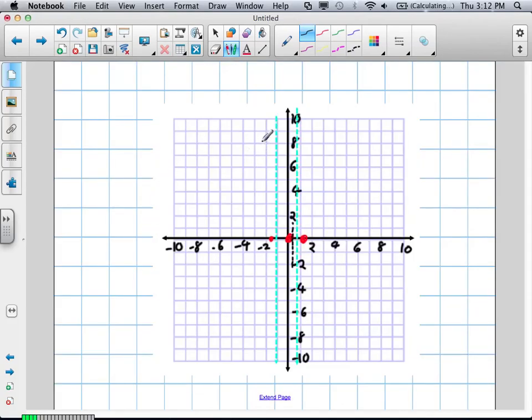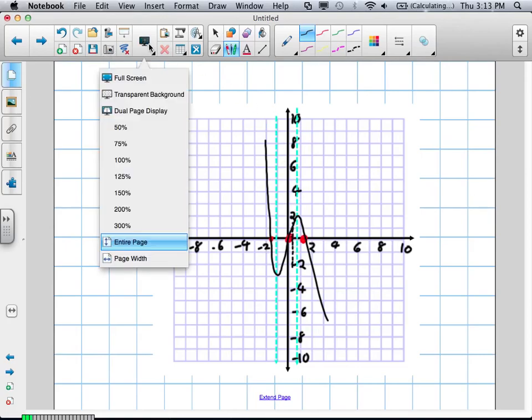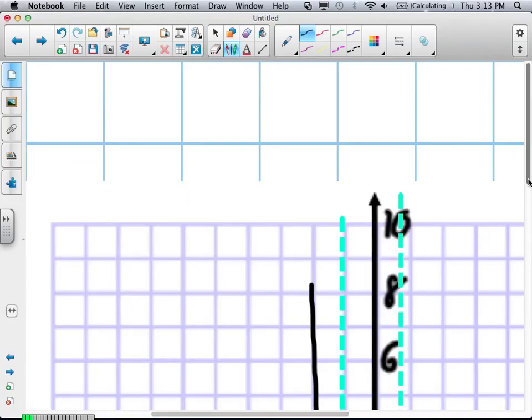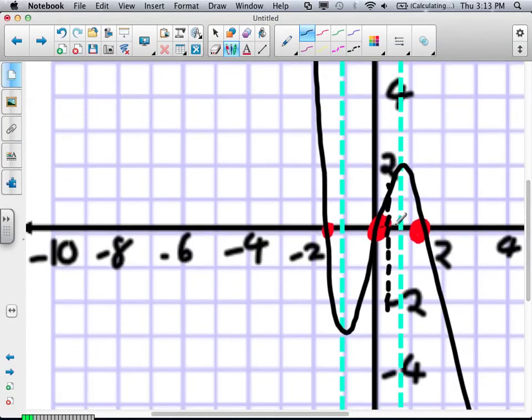It's going to come down, cross the x-axis here, turn, cross the x-axis here, change its inflection, turn, come down again. So that's where that black line is where it inflects, goes from being concave up to concave down. If we'd zoomed in a little better, it might have been nicer. Okay. This is where it's important. We flip from being concave up to concave down there.